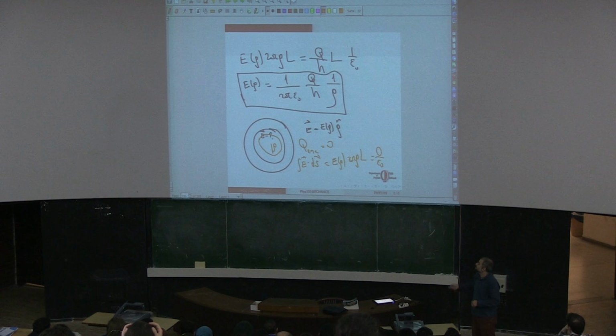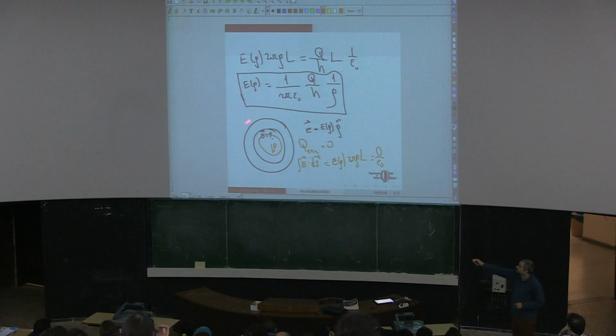The same thing holds if I take a Gauss surface outside my outer cylinder. Because it will have a plus Q charge on the inner cylinder and a minus Q charge on the outer cylinder. The total charge will be 0.